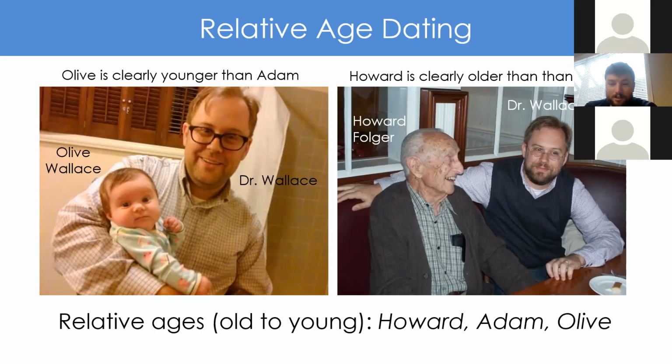So basically, relative age dating is just which one is older than the other, which one is younger than the other. And even though that's a very simplified, blunt instrument in science, it's really helpful in establishing patterns and looking at the big picture of a rock formation or a geologic map or something of that type.